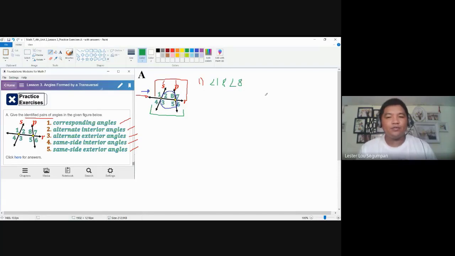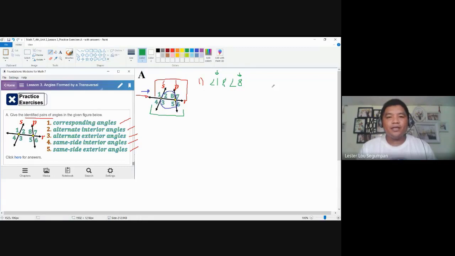Again, the conditions for corresponding angles: number 1, they must be found on the same side of the transversal line. Number 2, they must be non-adjacent. And number 3, one of which must be found in the interior, which is angle 8 in this case, and one of which is found in the exterior, that is actually angle 1. So that's the first pair of corresponding angles.